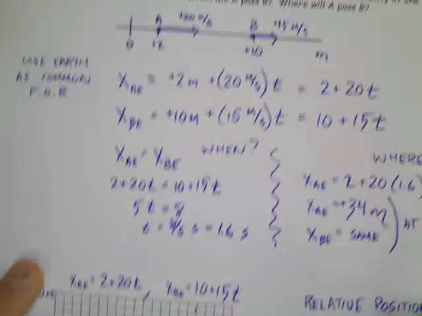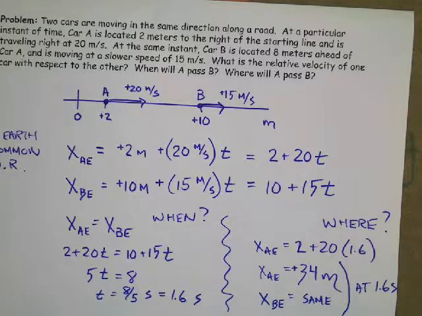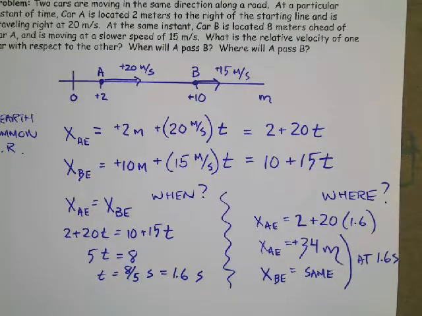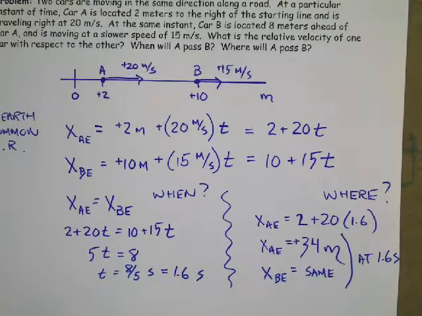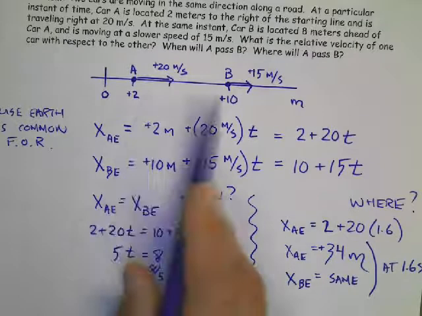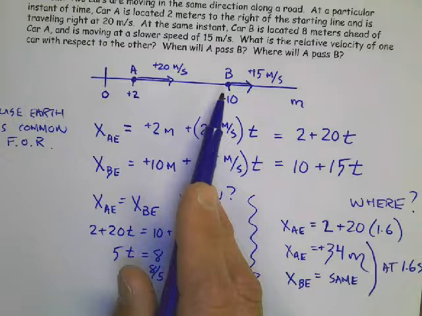So the problem we've solved here is to look at relative positions. When do things meet? Where do they meet? We said that the relative velocity between the two is that A approaches B at 5 meters per second.